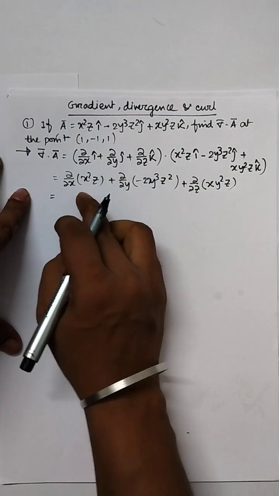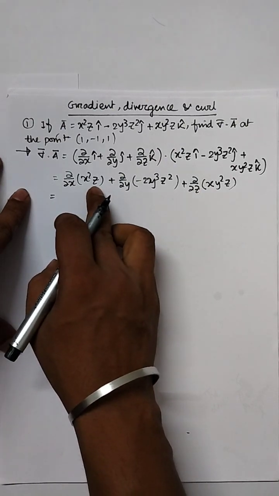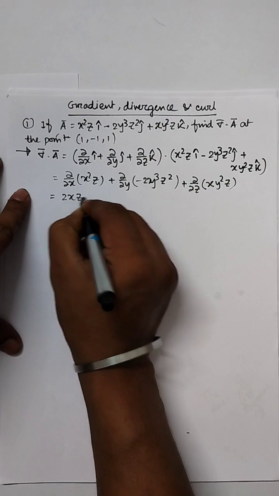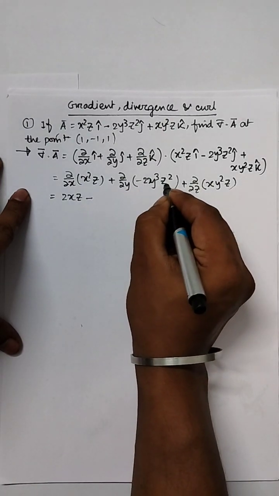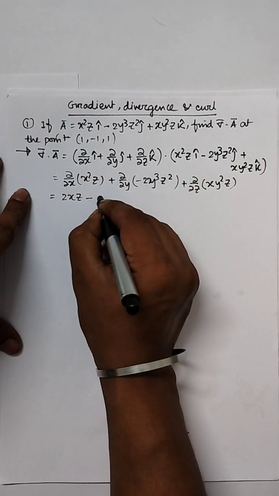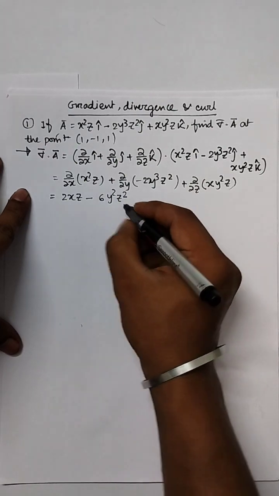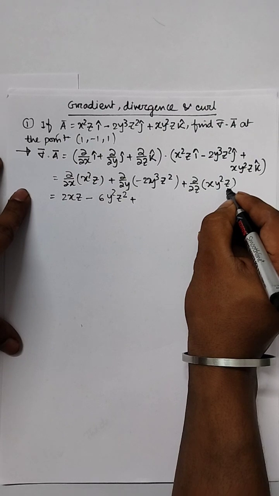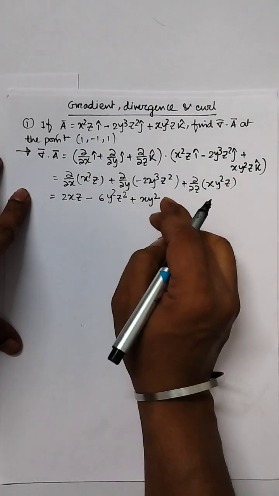After differentiating, the first term with respect to x, when z is a constant, gives 2xz. Then minus, differentiating with respect to y when z is a constant, 2 multiplied by 3, that means 6y squared z squared. The last term is differentiation with respect to z, that means x y squared.